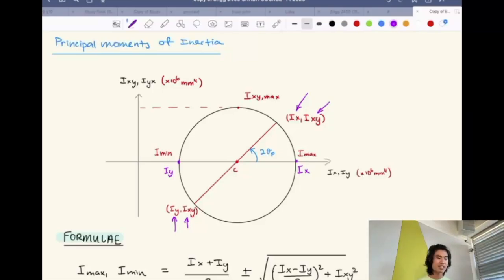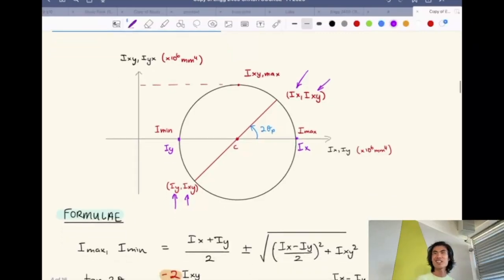That's only for the case where you have Ixy that isn't 0. And that will be only if you have a shift in your product of inertia. There's an example in the slides, but I feel like I can't really explain it too well. So maybe you guys can look at the slides and then it will click a bit better.